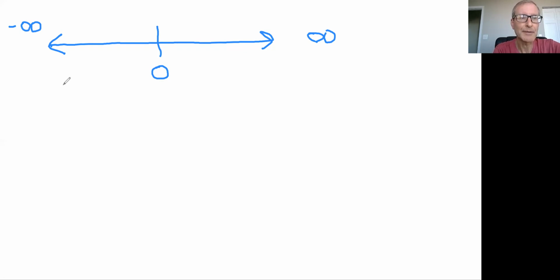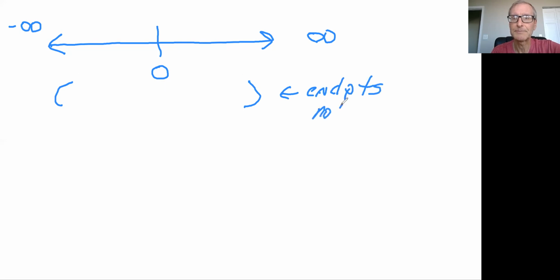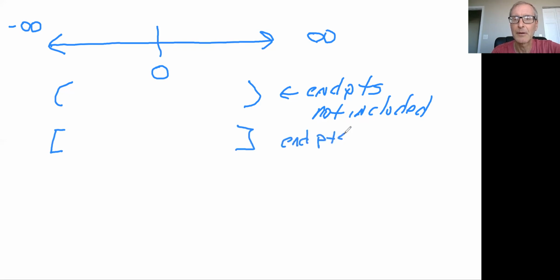In this case, the parentheses imply that the endpoints aren't included. And when we use brackets, that implies the endpoints are included.